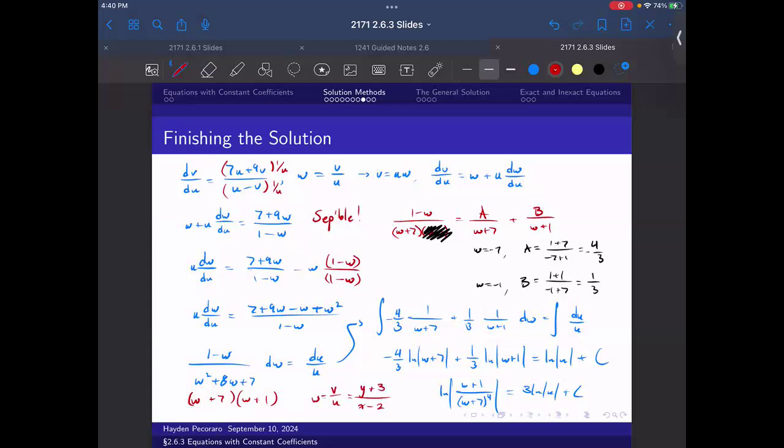So that's what we would plug in for w, and then u we know is x minus 2. Okay, so use that to substitute back in for that one. But once we get here, we're pretty much done. Just have to write things in terms of x and y.